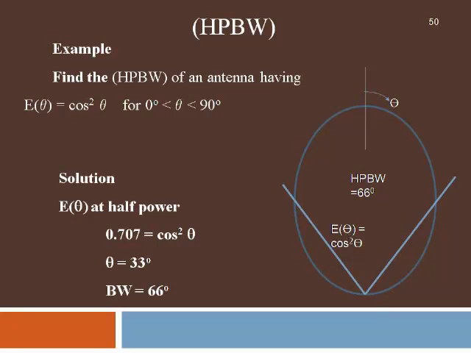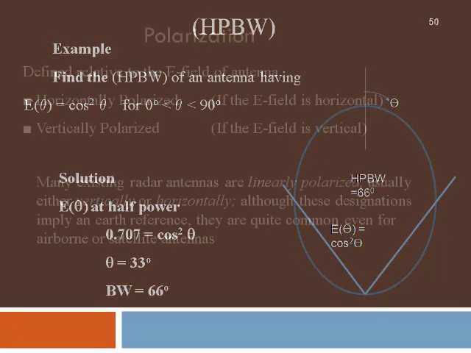For the given antenna having a cos square theta pattern, we can see how the beam width can be determined. At half power points on both sides of this maximum, the angular separation is going to be 2 times 33 degrees. That is, here the beam width is going to be 66 degrees.